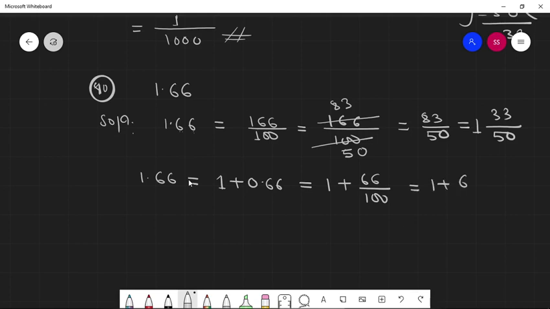This is divisible by 2, 33 over 50. So we can write 1 plus 33 by 50, which is written as 1 whole 33 over 50. This is the final answer for this question.